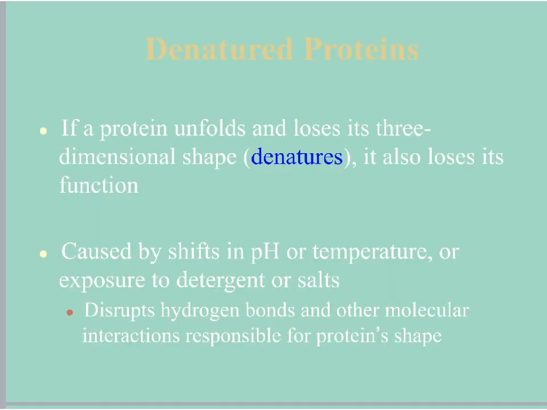That's called denaturation, when a protein loses its shape and no longer can function in the manner in which it's supposed to. So denaturation is where that protein unfolds, loses that three-dimensional shape, and therefore loses its function.